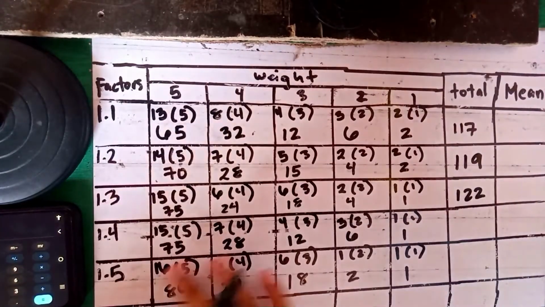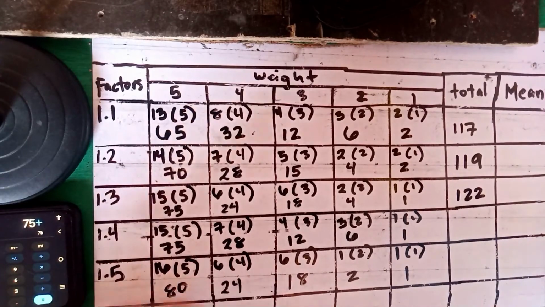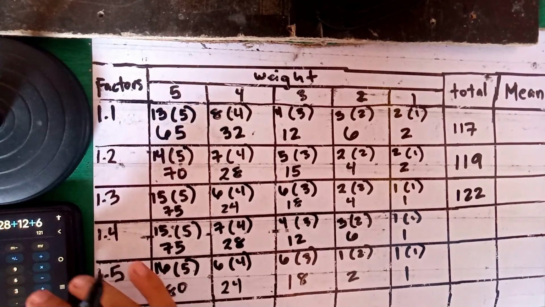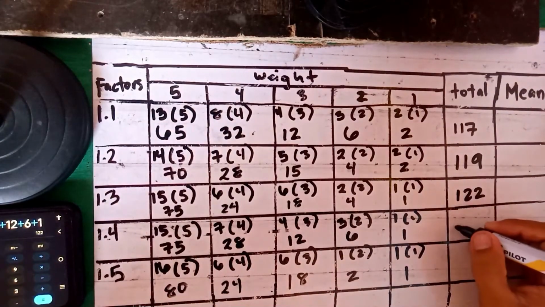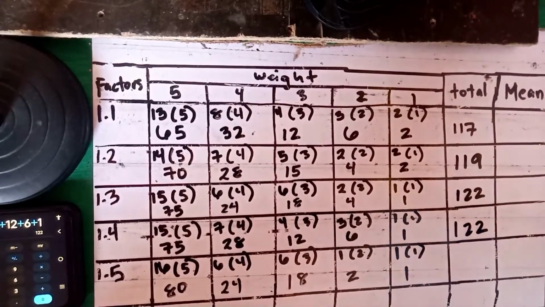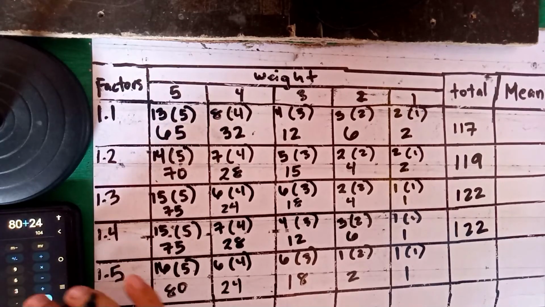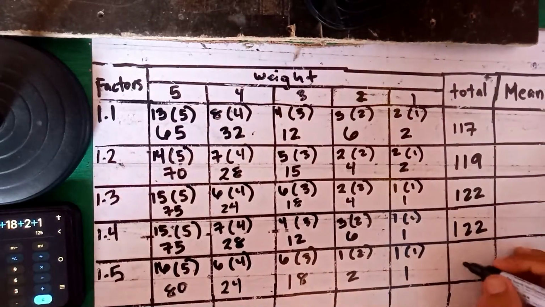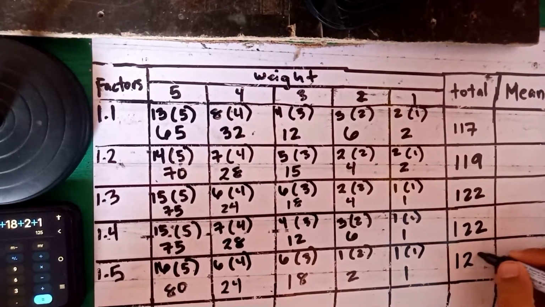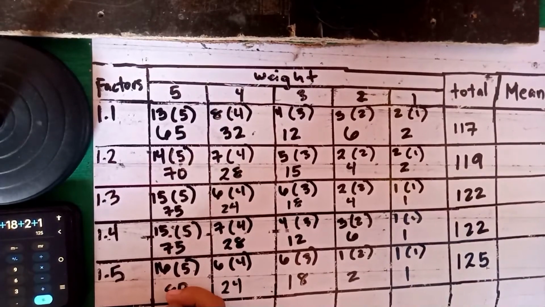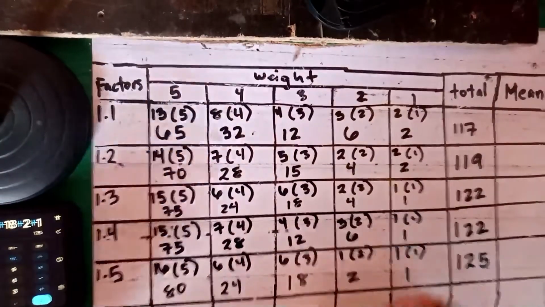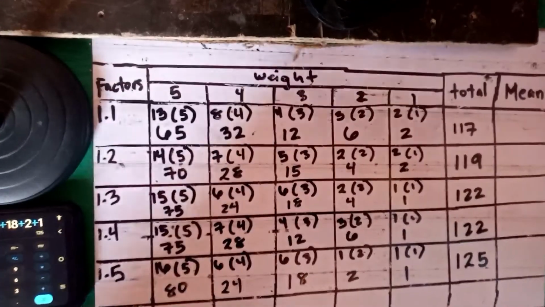Same process, 75 plus 28 plus 12 plus 6 plus 1. That will also be 122. Same process for the fifth row. It will be 80 plus 24 plus 18 plus 2 plus 1. That is 125. So let us set the total here. So that's how you compute the total of this table.